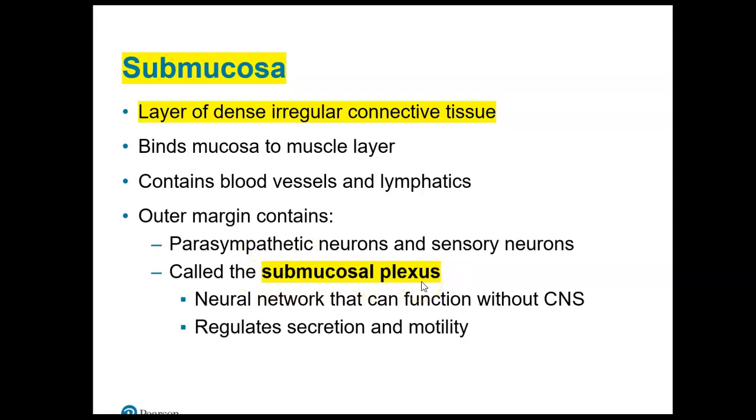The digestive system is stimulated by nervous stimulation from the central nervous system, because definitely the parasympathetic branch of the autonomic nervous system plays a large role in digestion. But it also has its own neural network that can function without the central nervous system. So the submucosal plexus regulates secretion and motility.